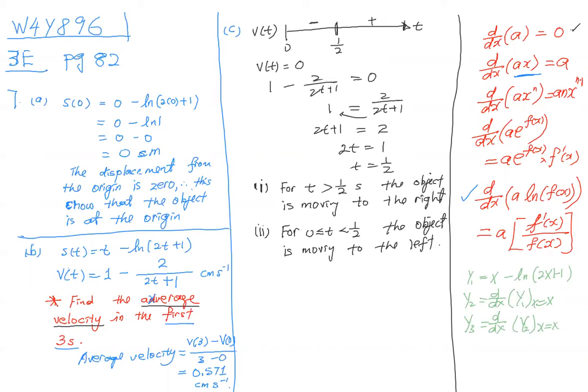Okay. Then we are going to part D. Show that the object acceleration is positive for all t greater than 0. So when you come to show question, you have to get the function first. Your VT is 1 minus 2 over 2t plus 1.